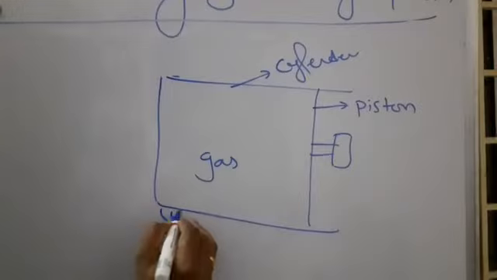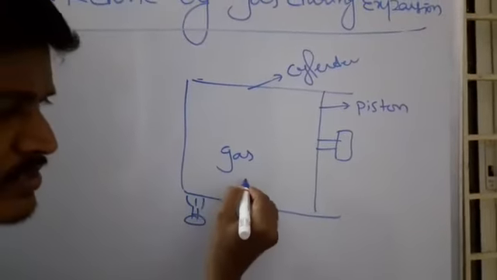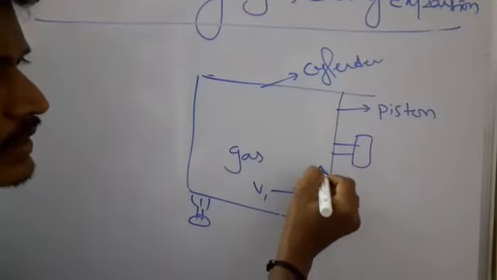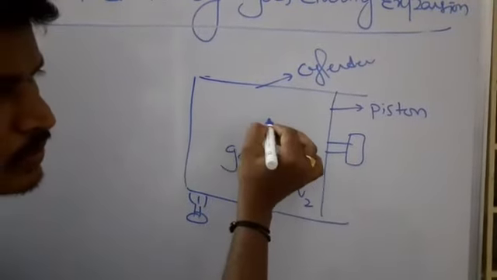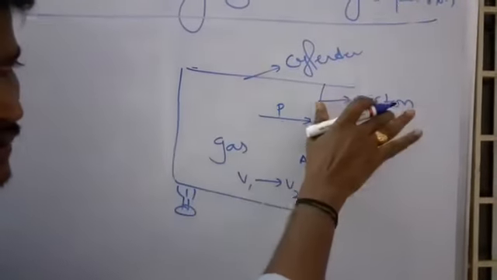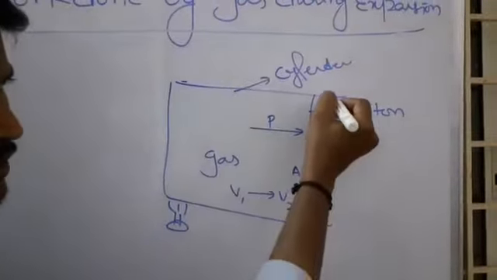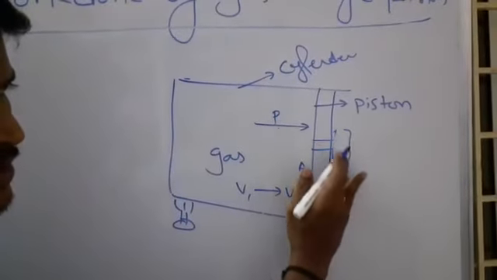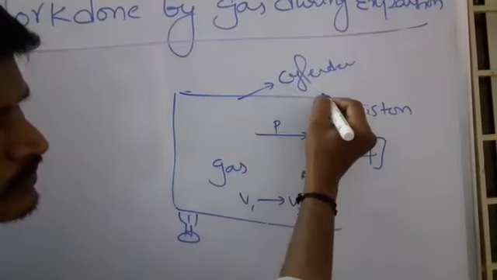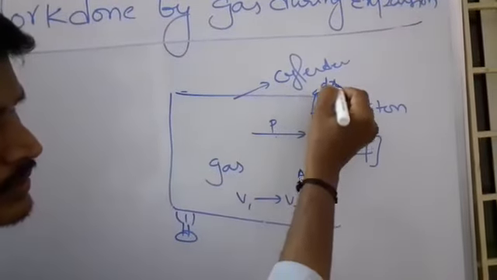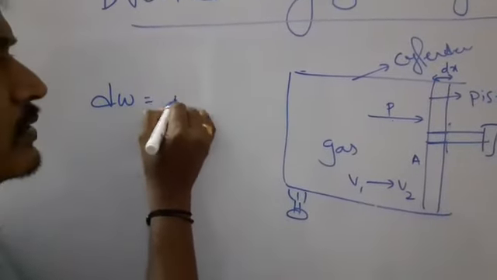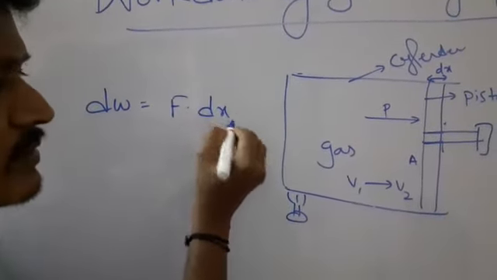When heat is supplied to the system, the gas expands, and the volume increases from V1 to V2. Here the area of cross section is A. Due to this expansion, pressure is exerted by the gas molecules on the piston. It pushes outward, so the position of the piston changes by a displacement dx.